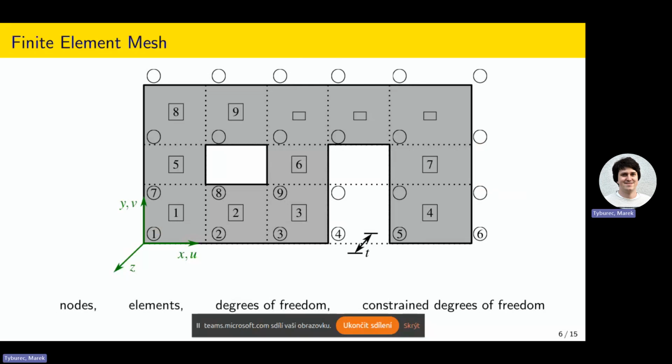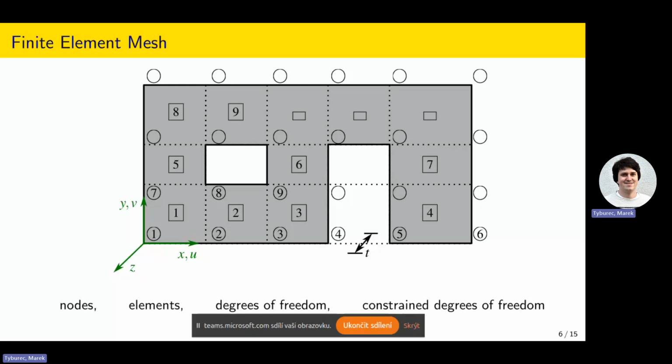So in this figure, you can see that we have 12 finite elements. Those are denoted with these numbers inside squares or rectangles. These elements are defined by the position and numbers of their nodes.